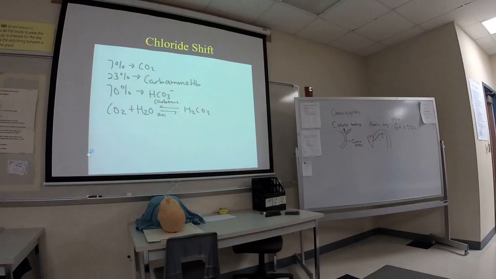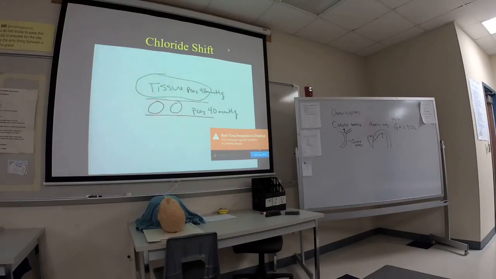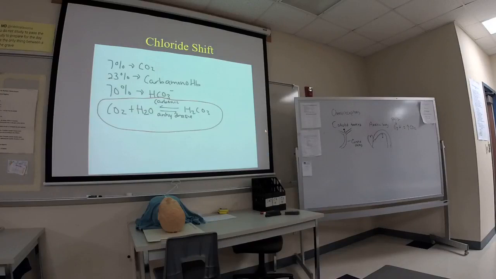Is this reaction right here is happening inside of a red blood cell, okay? The enzyme carbonic anhydrase is inside that red blood cell. And so it doesn't just, the CO2 in order to be converted into carbonic acid. That carbonic acid then will immediately break down into the bicarbonate ion.